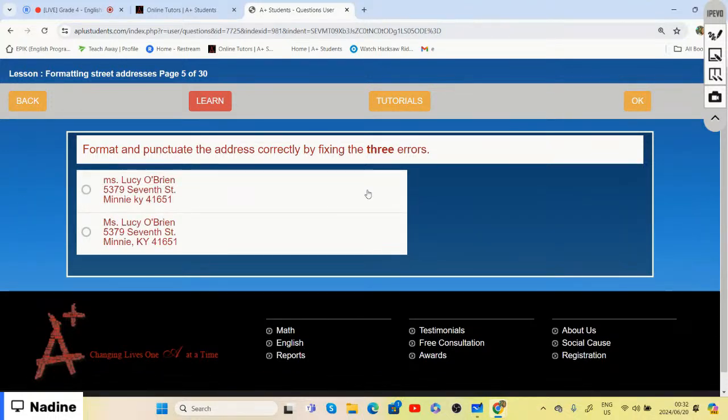Well done. The next one, we need to format and punctuate the addresses correctly by fixing three errors. Three errors.